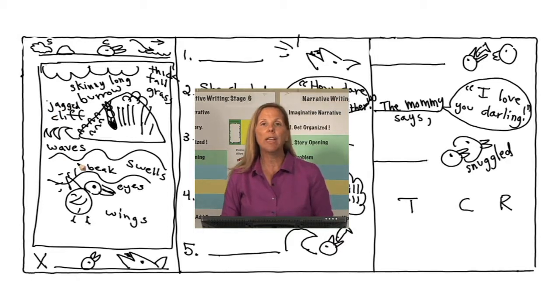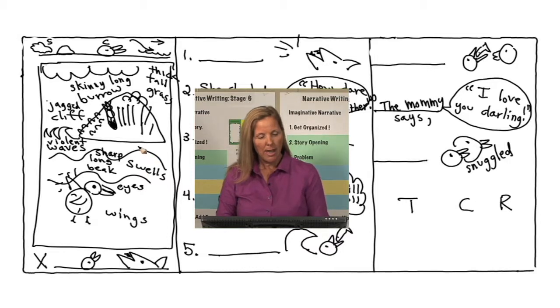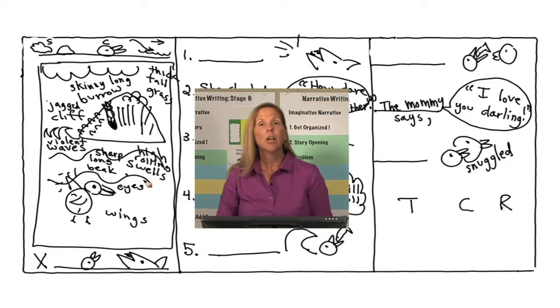What kind of waves are coming towards this island? Violent. What kind of beak would the mommy bird have? Long. Sharp. What kind of swells would be in the ocean? High, rolling. What kind of eyes would the mommy bird have if she was looking for fish? Her big round eyes. What kind of wings does the mommy bird have as she's looking for fish in the ocean? Powerful.